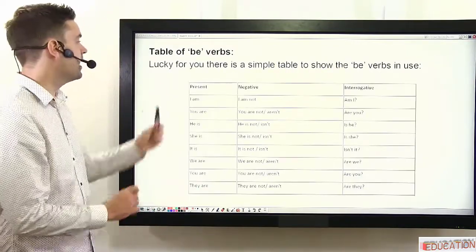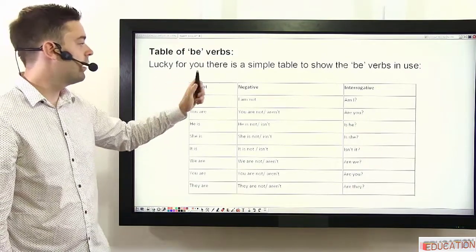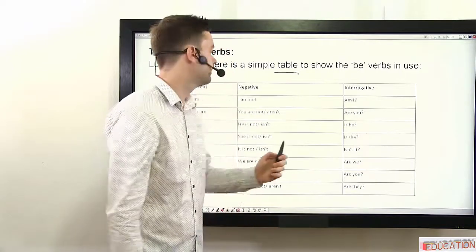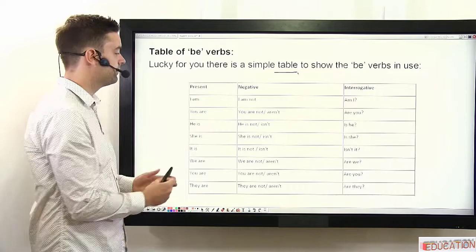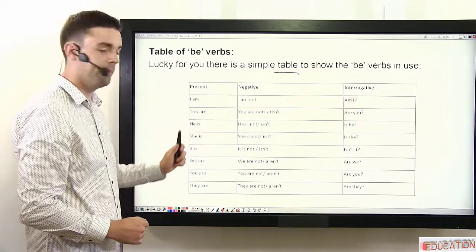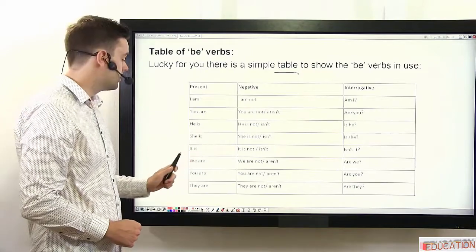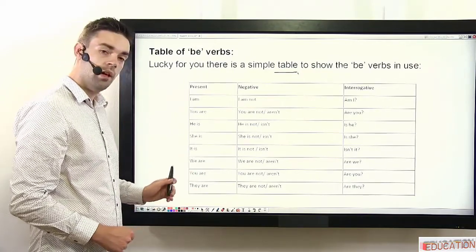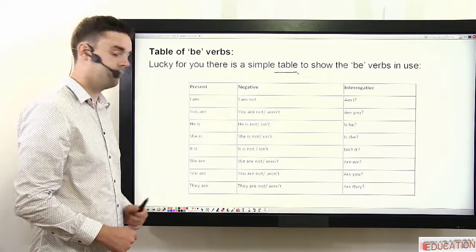Here we have a table of be verbs. Lucky for you, there is a simple table to show all the verbs in use. Let's have a look. In the present, I am, you are, he is, she is, it is, we are, you are, and they are.